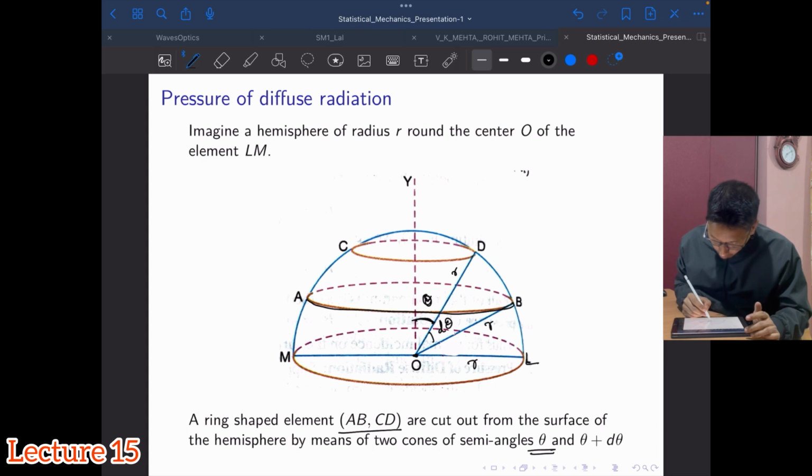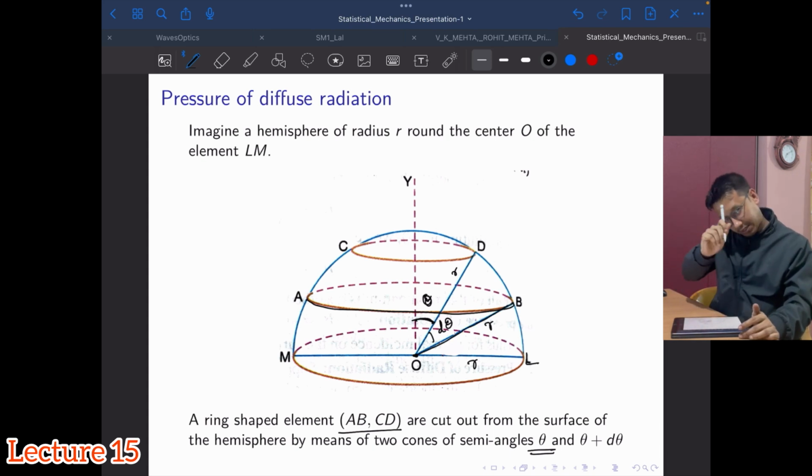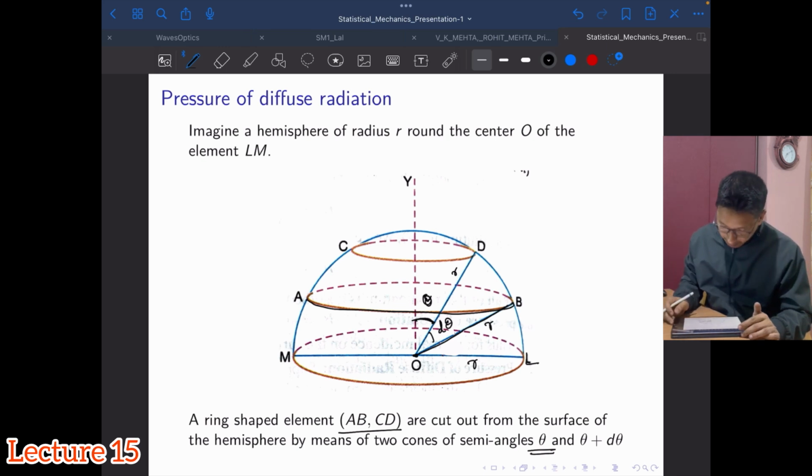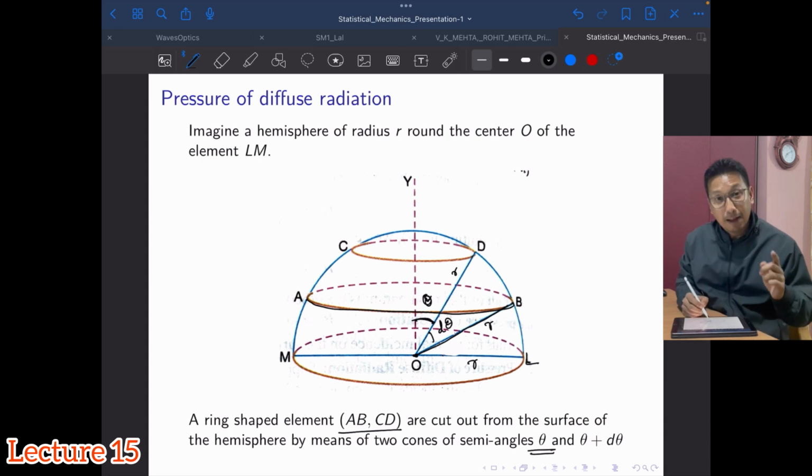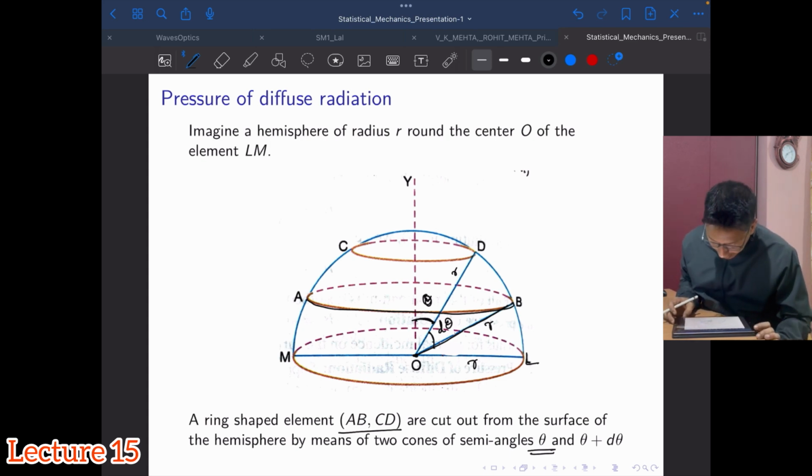So OB is another axis through which I have cut out this ring-shaped element, where the angle is theta plus d theta, so the total angle for this cone is theta plus d theta.